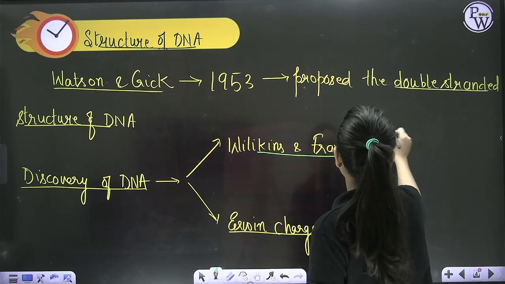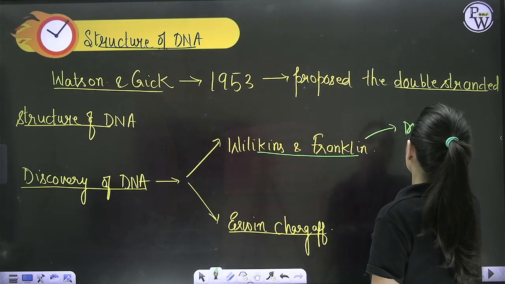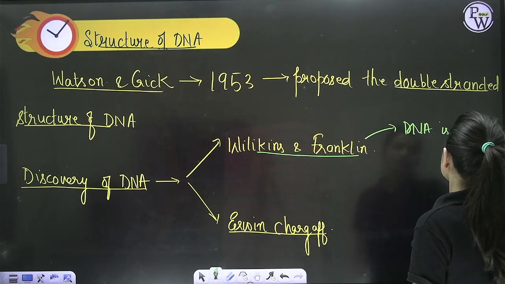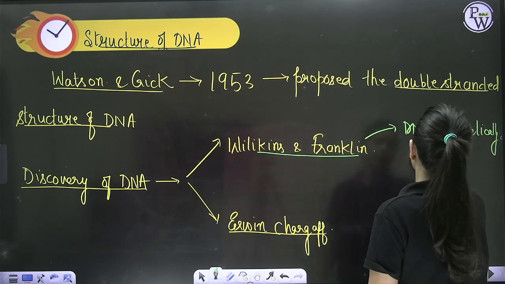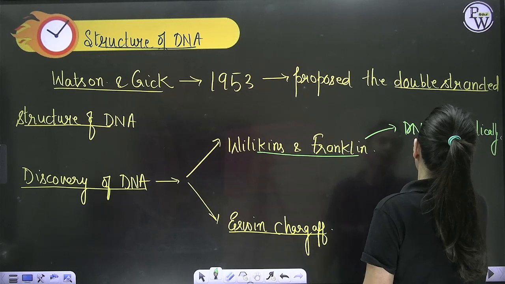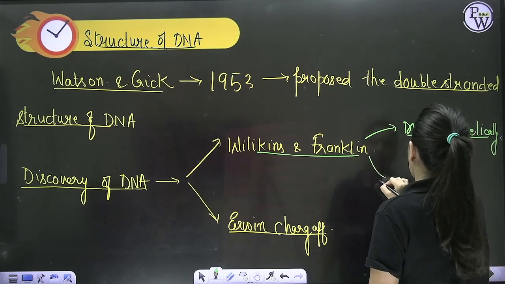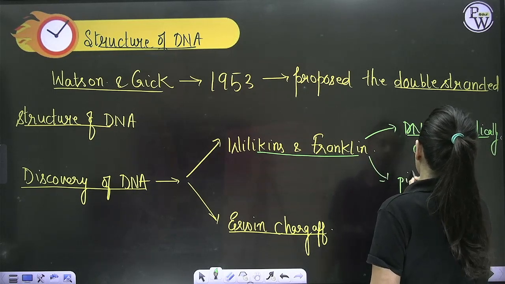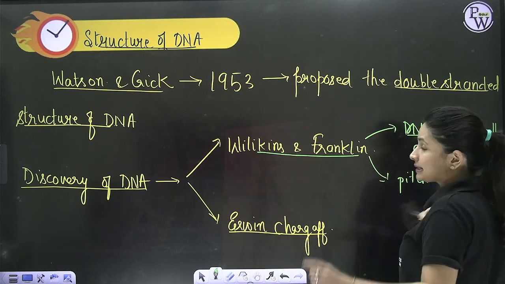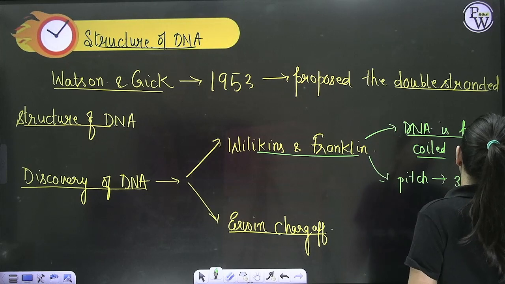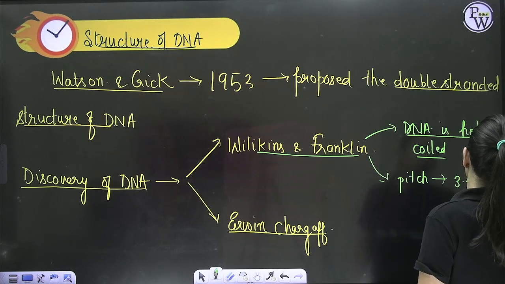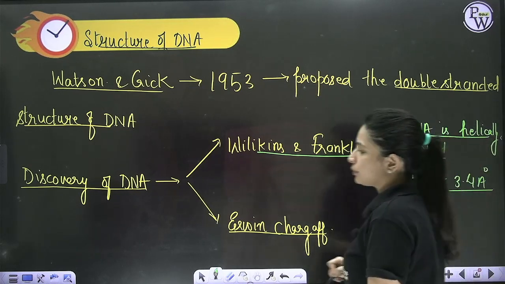So these 2 people told the DNA is helically coiled, and second, the pitch. That means the distance between two base pair is 3.4 angstrom, right?